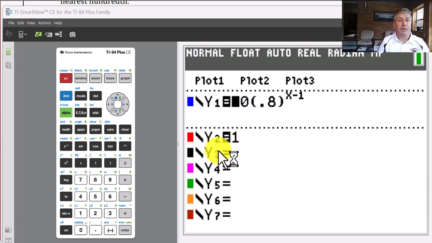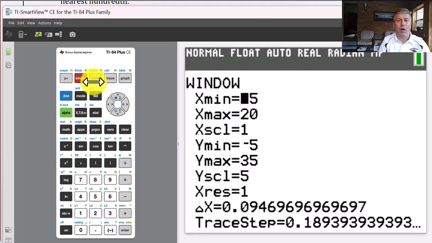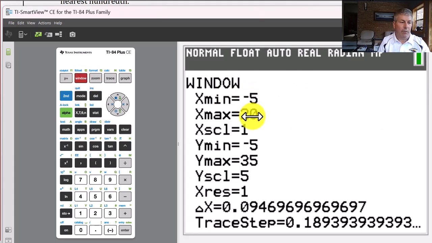Now I'm going to steal my window again from my data. My x values are going to run from -5 to 20 for the number of times it bounced, counting by ones, and my y values go from -5 to a y max of 35 because it started at 30. I just wanted to see something bigger.